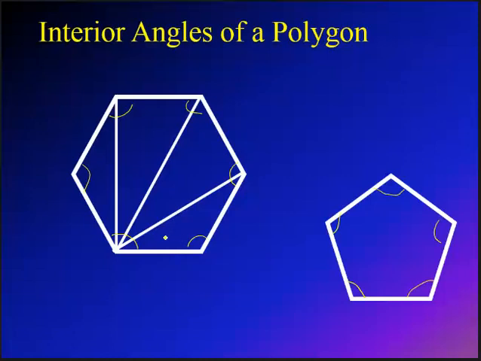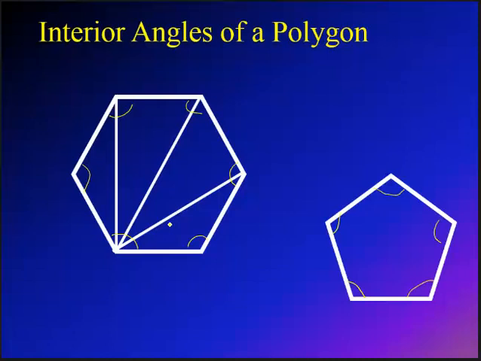So if I want to know the sum, what does sum mean? What am I doing mathematically? We're adding. So if I want to know what the sum of all of these interior angles would add up to be, I can think of it this way. Well, how many degrees are in a triangle?